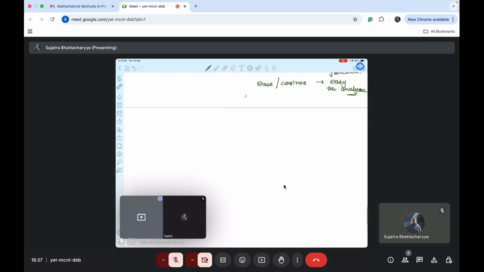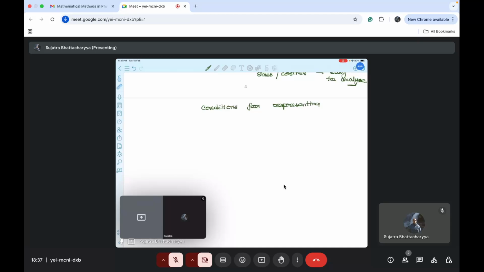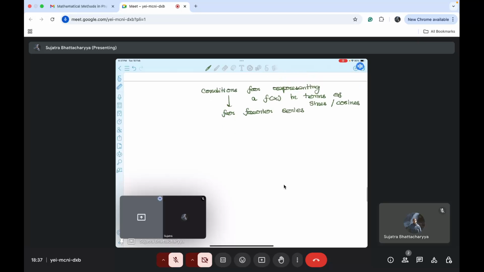But before that, the important thing is that there are several conditions for representing a function in terms of sines and cosines, or you can say the conditions for the Fourier series representation. These are popularly known as the Dirichlet's conditions, which are extremely important to be followed, and only then can a Fourier series be represented.